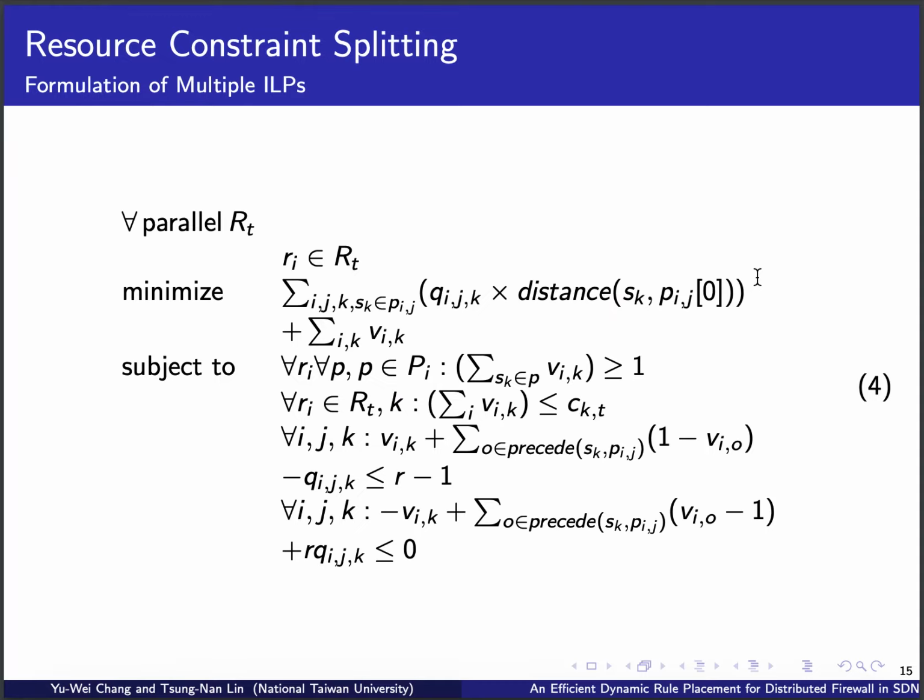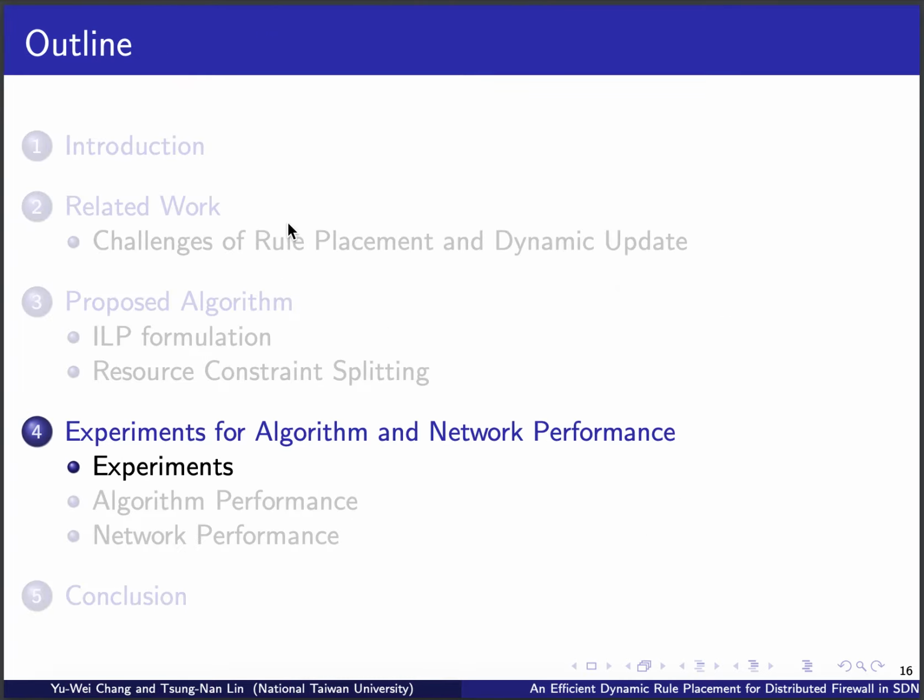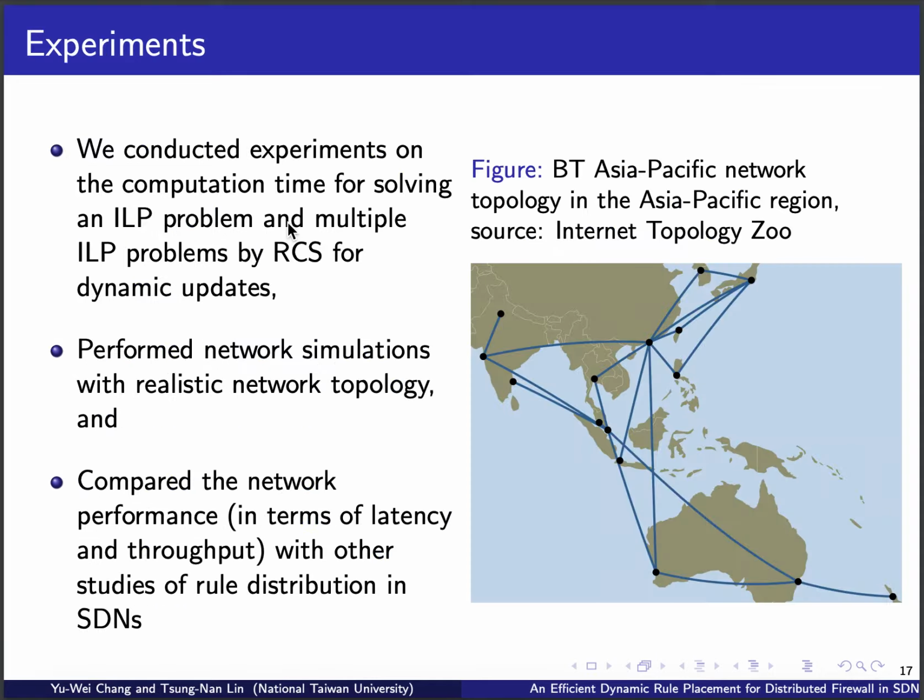Okay, and the last step is that we will split the original large ILP problem into multiple ILPs, and these ILPs are split according to their different source IPs.